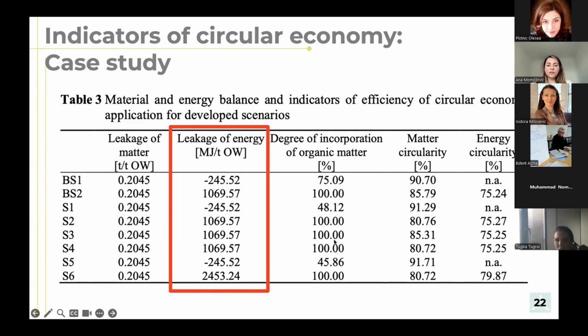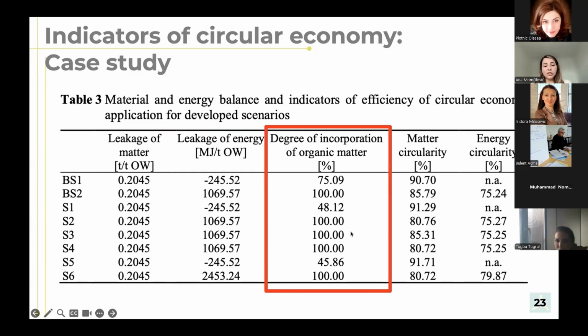When it comes to the degree of incorporation of organic matter, with anaerobic digestion there is always 100% incorporation, because anaerobic digestion is more flexible for different kinds of organic materials.